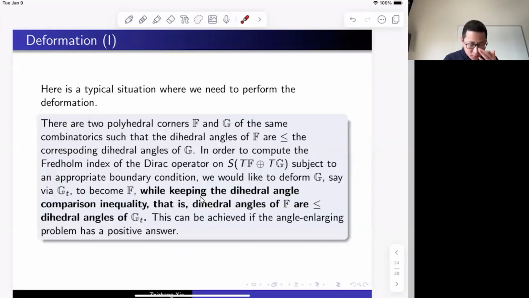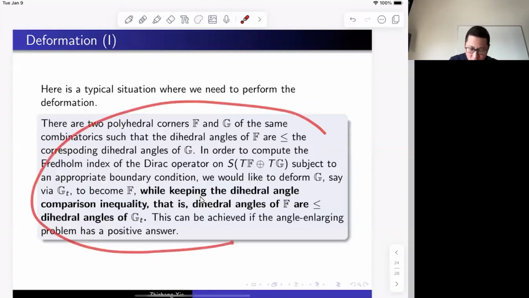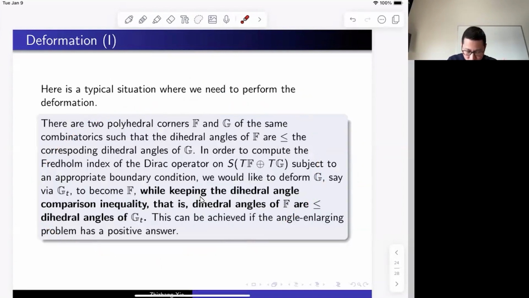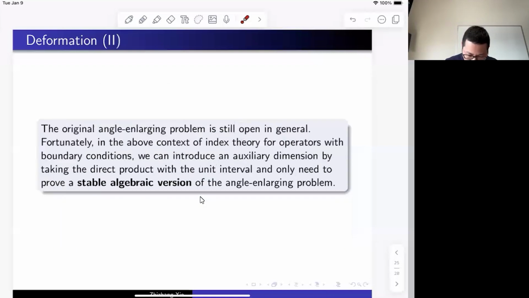Okay, so what I said in the previous slide is roughly, through the angle enlarging problem, I can deform these two polyhedral corners, one to the other, while keeping the Fredholm index. Again, for the details of this step, Jinmin, I think, is going to talk about this in more detail in his talk.